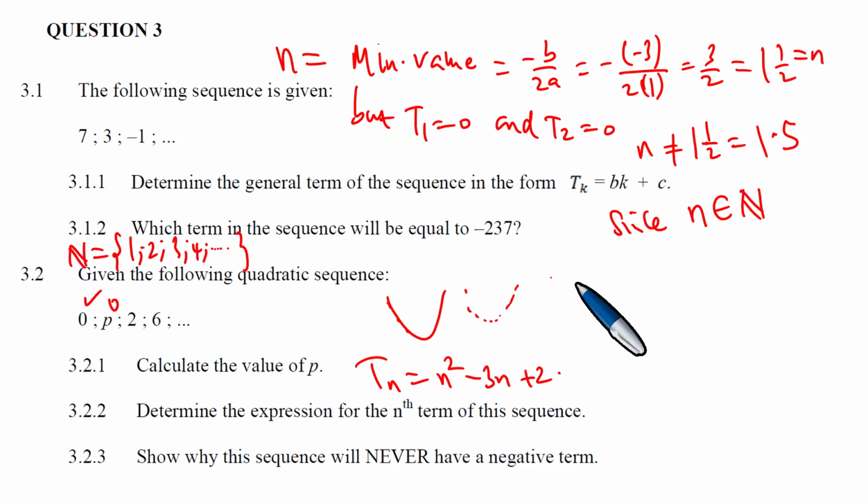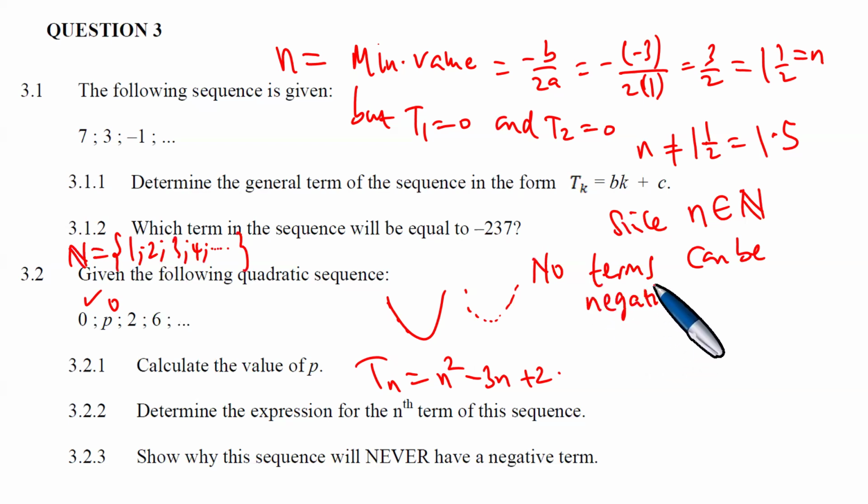So because of that, we conclude that no terms could be negative. Because we want to get n, we use this formula, because this graph is like this.